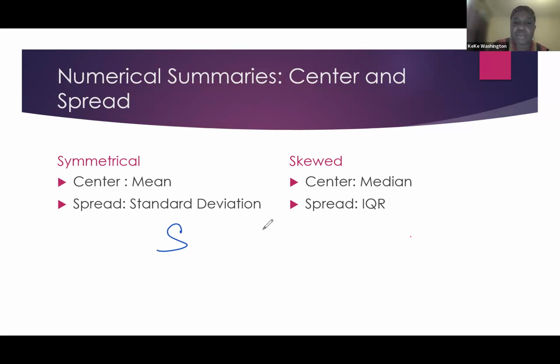When you get to shape and you see that the shape of that distribution is symmetric, your very best measure of center is the mean, the average value. The best measure of spread is standard deviation. So S, or S of X, is the variable for standard deviation.